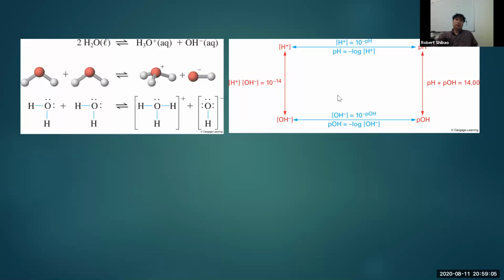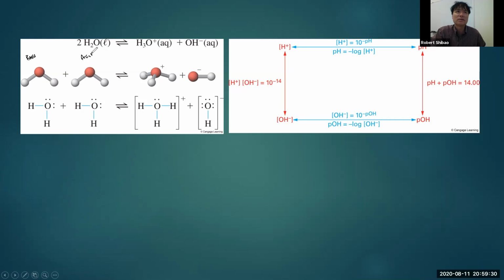So when we have pure water, you know, water is an acid and a base. And so if one of these waters acts as the base, let's say this water acts like a base. The bases are proton acceptors. And so let's call this water the base. And the base is going to pluck the hydrogen off here, the acid.